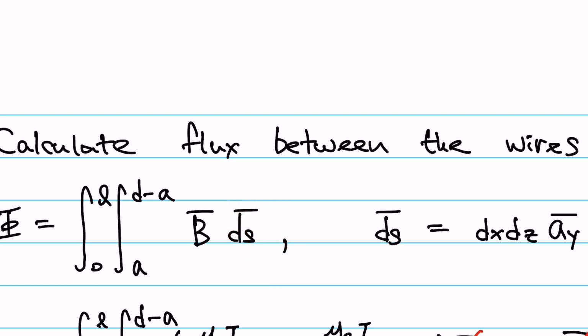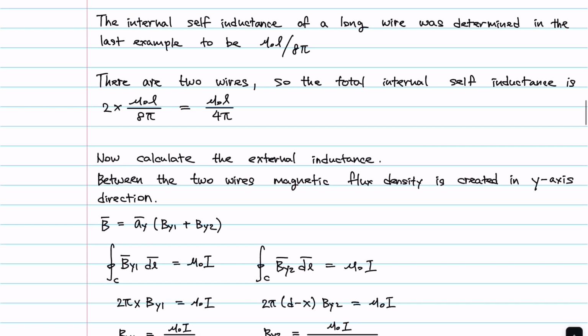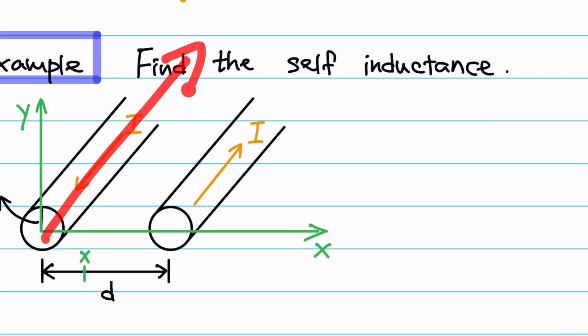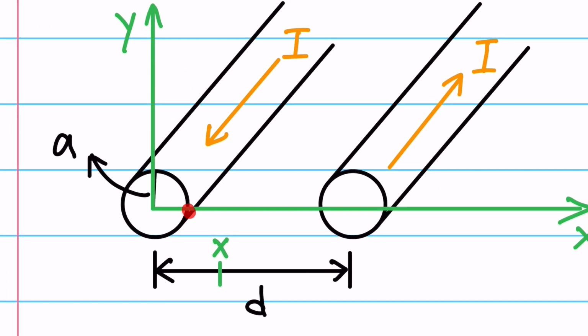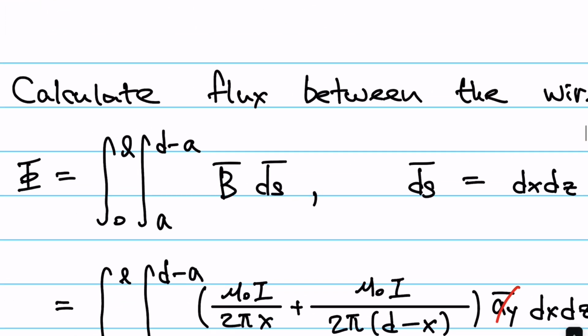Okay, so the surface will be from 0 to L. That is the length, 0 to L. And we need to integrate from the radius A to d minus A. Okay, this length is A to d minus A because the radius of this circle is A. So that's why you see now there's another integral from A to d minus A.